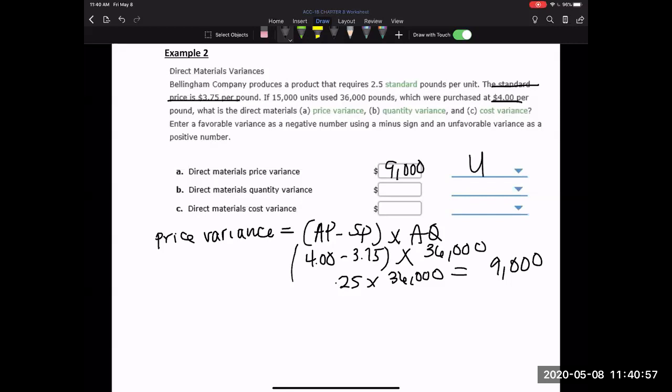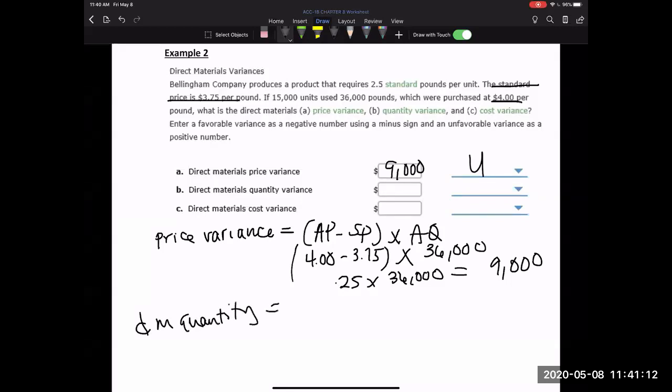Okay, and so now we're going to do the direct material quantity variance. And as I mentioned before, the formula is at the very bottom. So direct material quantity.